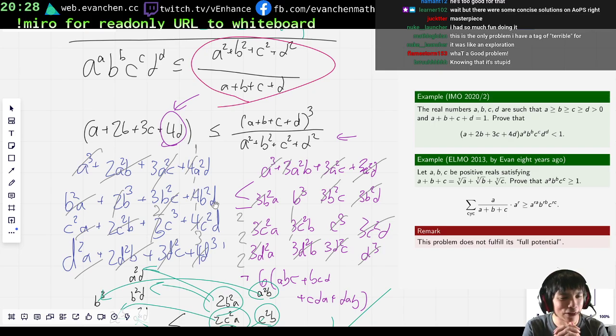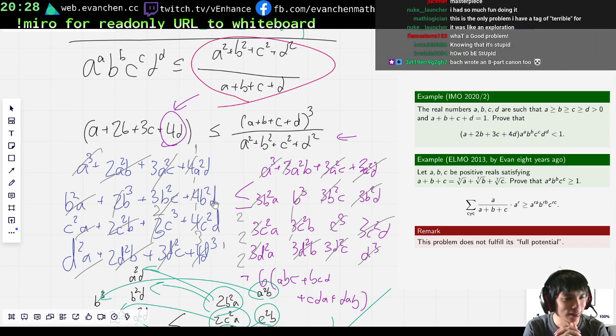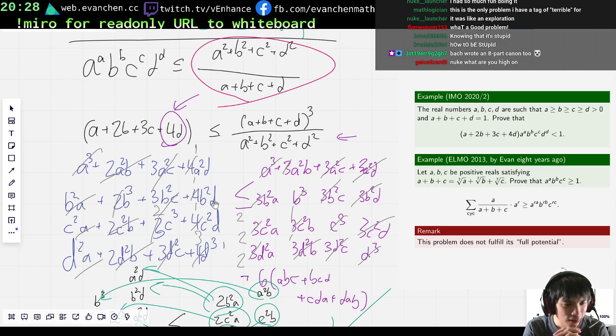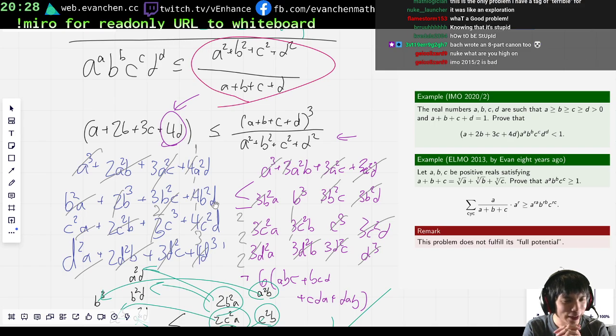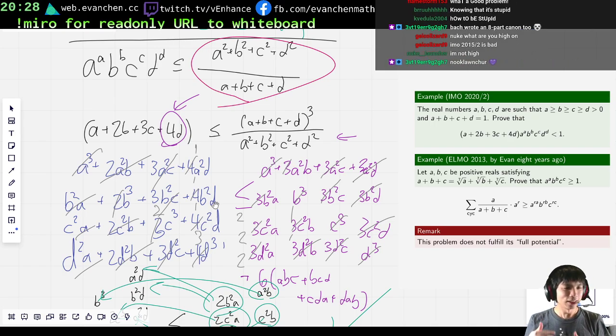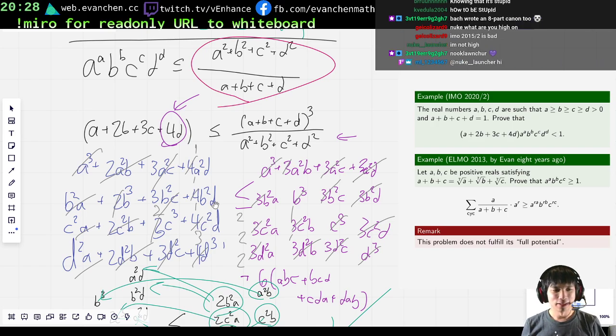Honestly, the reason I tried this is because I was fed up of the weighted AMGM not working. I just think during the IMO, I'm not sure I would have risked it, because when you're actually at the IMO, you can't just goof off anymore.